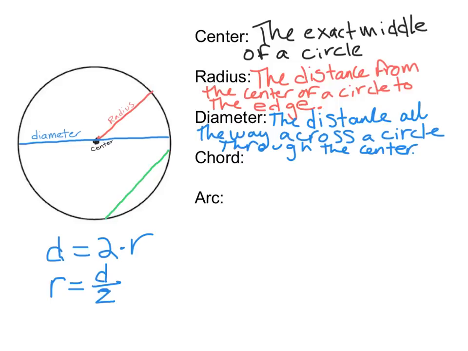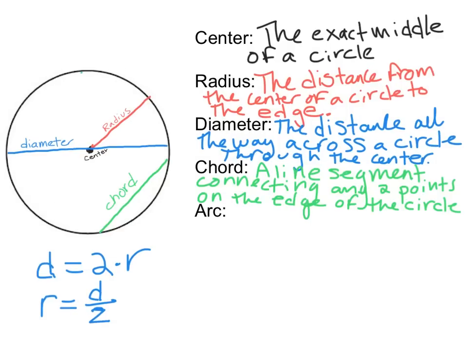It can go from any 2 spots. You could also do one going like that if you wanted. Any 2 spots on a circle being connected. Let's label that. So once again, a chord is any line segment that connects any 2 points on the edge of the circle.